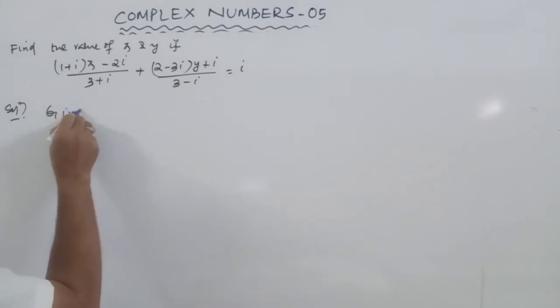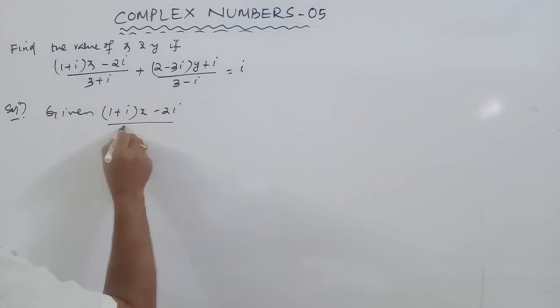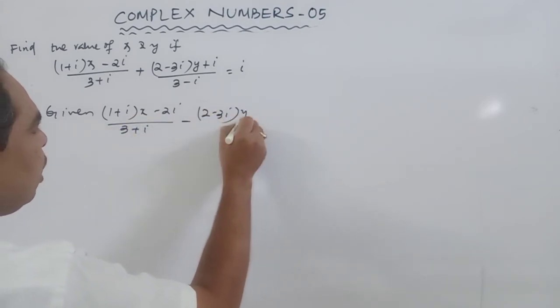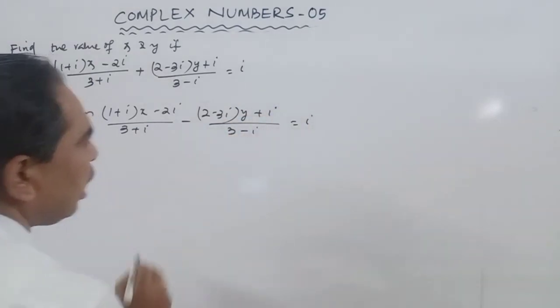Given (1 + i)x − 2i divided by 3 + i, minus (2 − 3i)y + i divided by 3 − i, is equal to i.